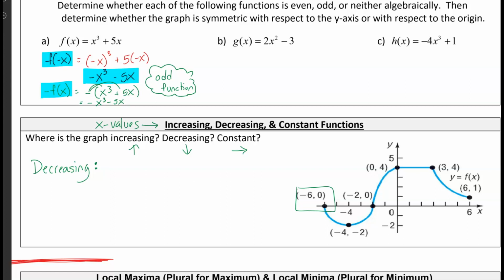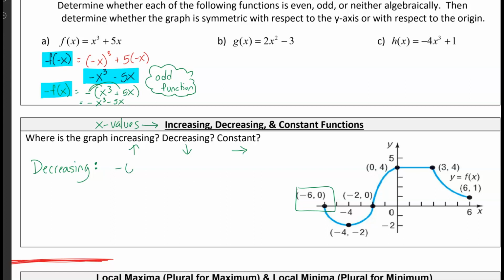If you're looking at a single snippet of time, can you tell at that exact time whether at the next time you're going to go up, down, or remain the same? No. So can I say at the point -6, 0 that I am decreasing at that point? So should it be included in our interval?